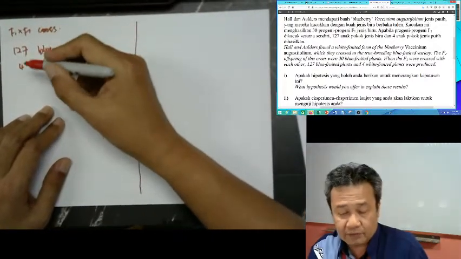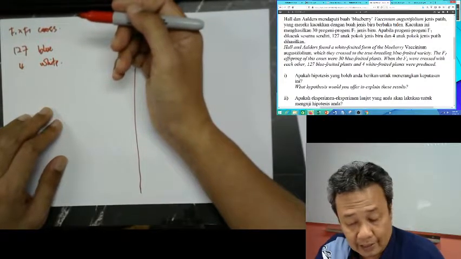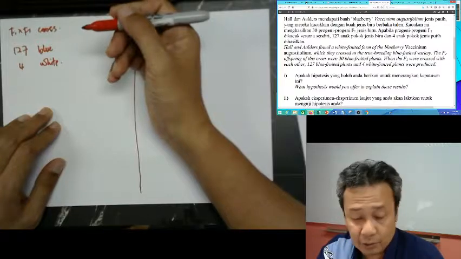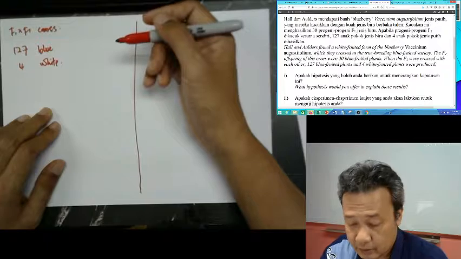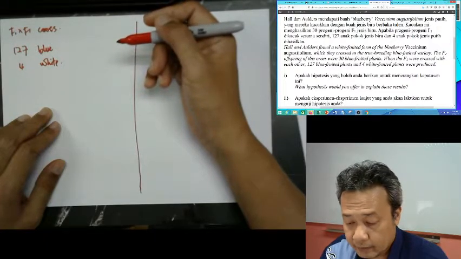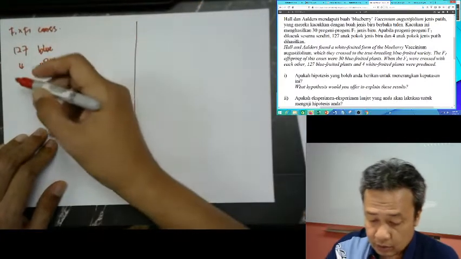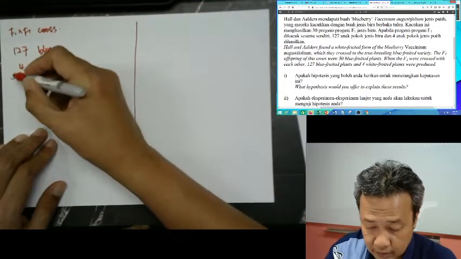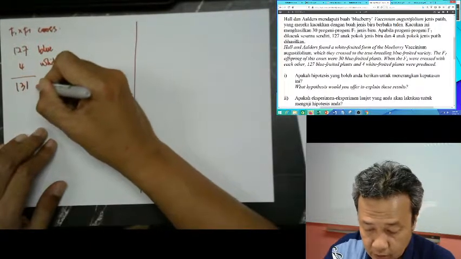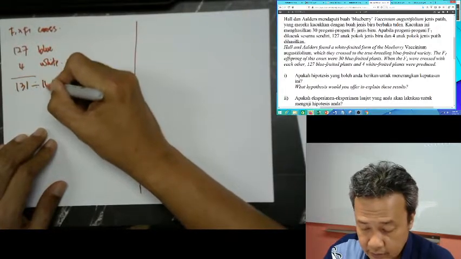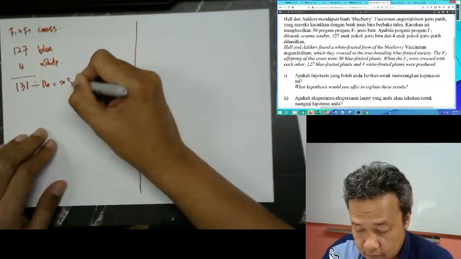Now looking at these figures, 127 and 4, I am inclined to believe that this is the duplicate dominant gene that gives you a 15:1 ratio. If it's 15:1, let's add this together. This will be 131, and if you divide this by 16, you will get about 8.